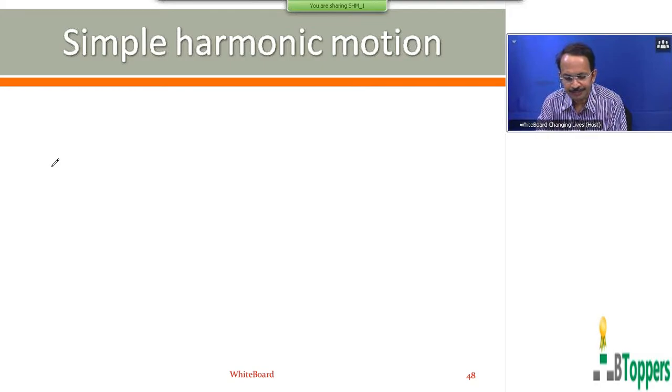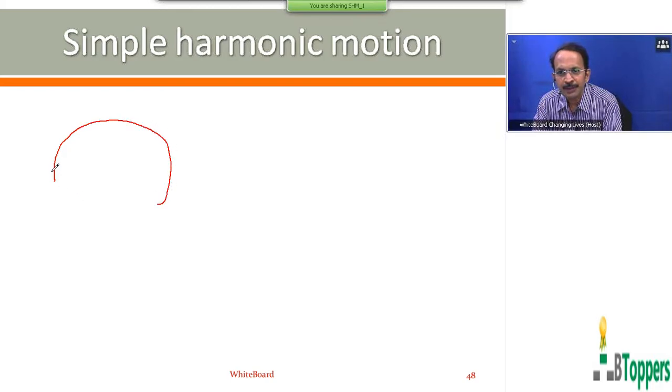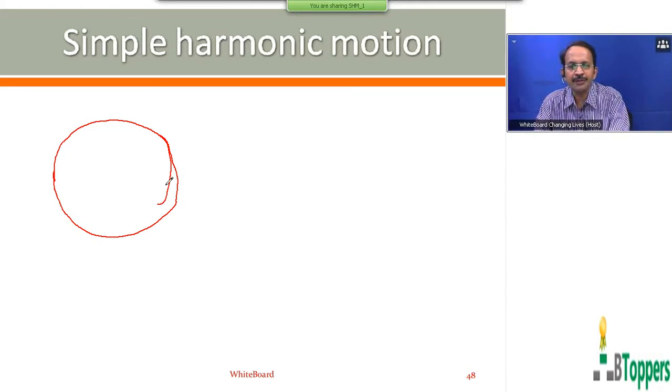Let us suppose A is the radius of the circular path. Of course, the students can draw the diagram more legibly with the help of a compass box.